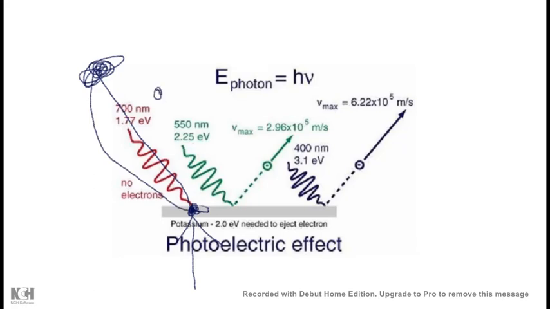So when we excite the atoms even more, so that the color changes, this atom is now at 550. Its wavelength signal is at 550 nanometers at 2.25 electron volts.